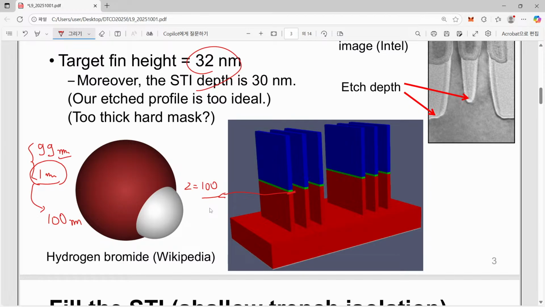Of course, we have to have twice that fin height, and also this supporting layer. So it is recommended to have a thicker structure. But right now, just to follow the exact coordinates, it will be just 100.